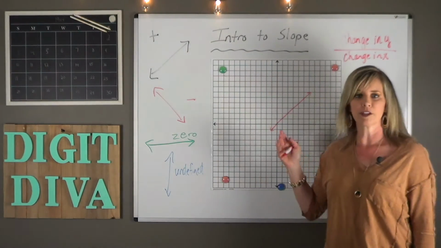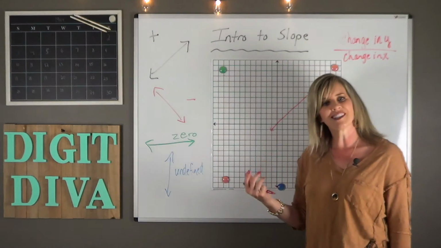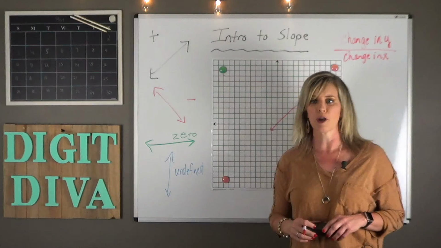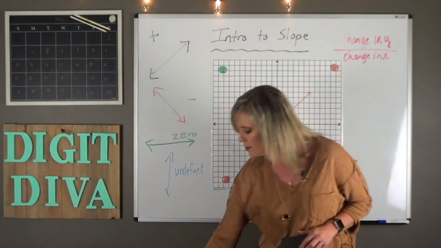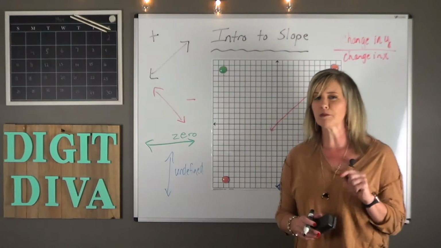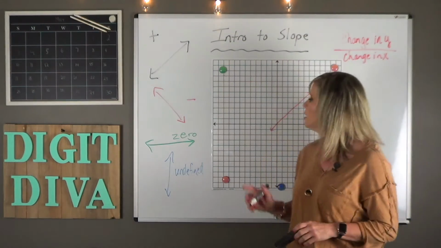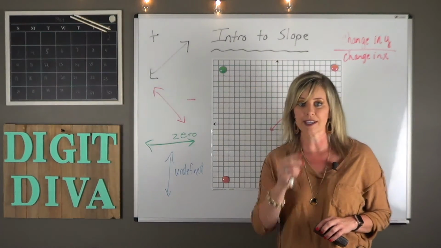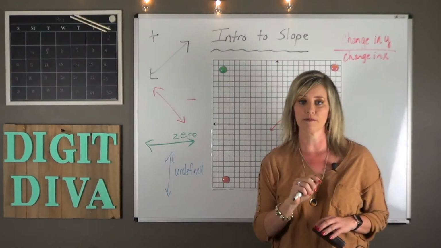Well, there's no points on the line, and we just discussed that you count from point to point to determine the slope. So if you come across a line that has no points, all you have to do is simply find those points. But the trick to it is the point has to go through the corner of the box. It has to be an exact ordered pair, no halves.